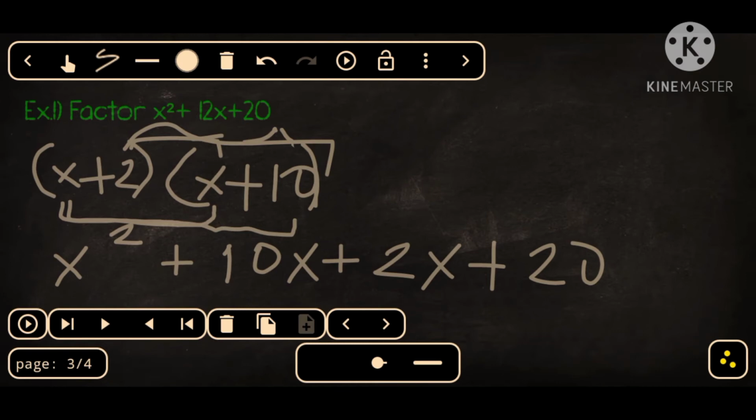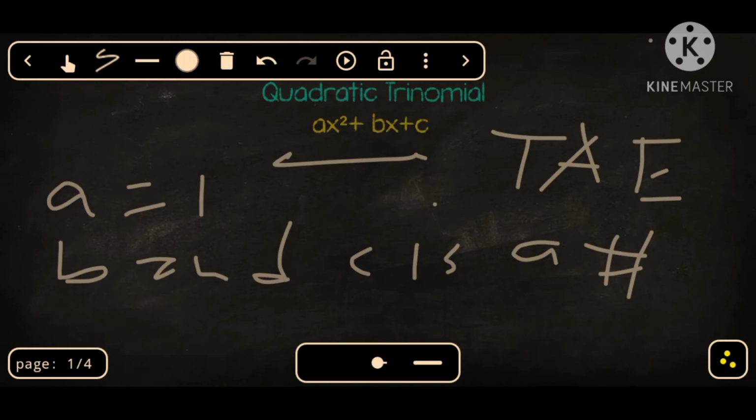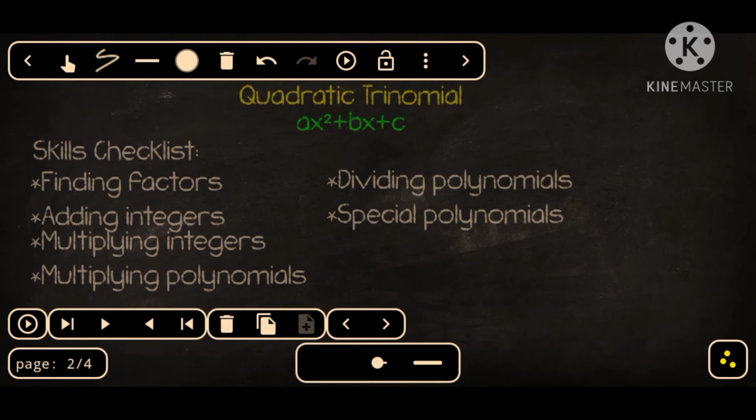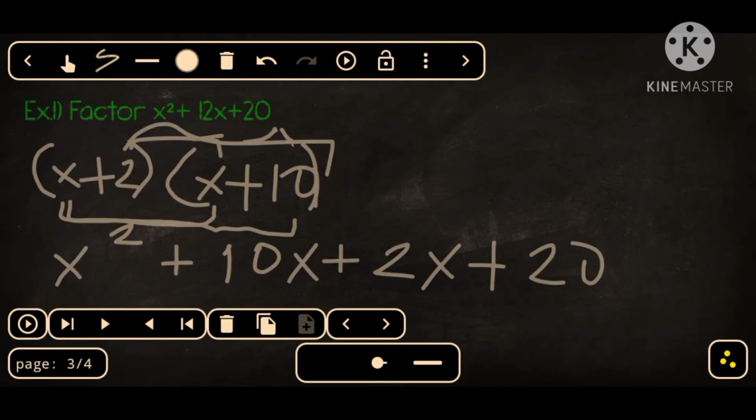Okay, so let us now simplify. We have x squared plus 10x plus 2x, that is 12x, then plus 20.